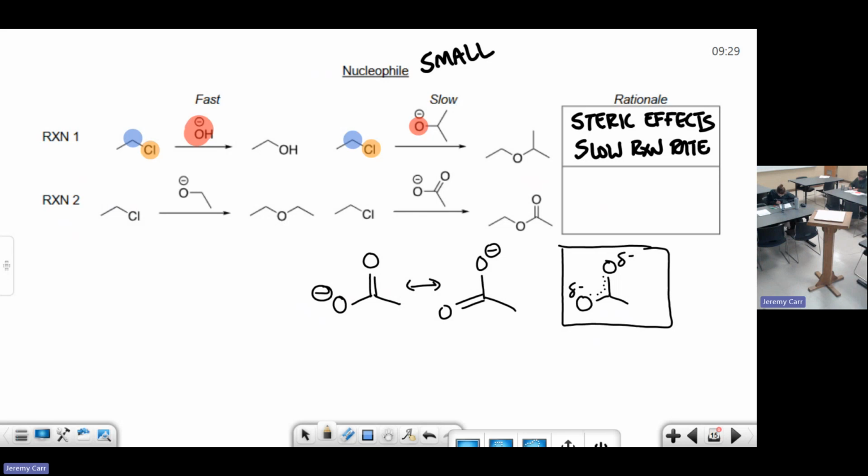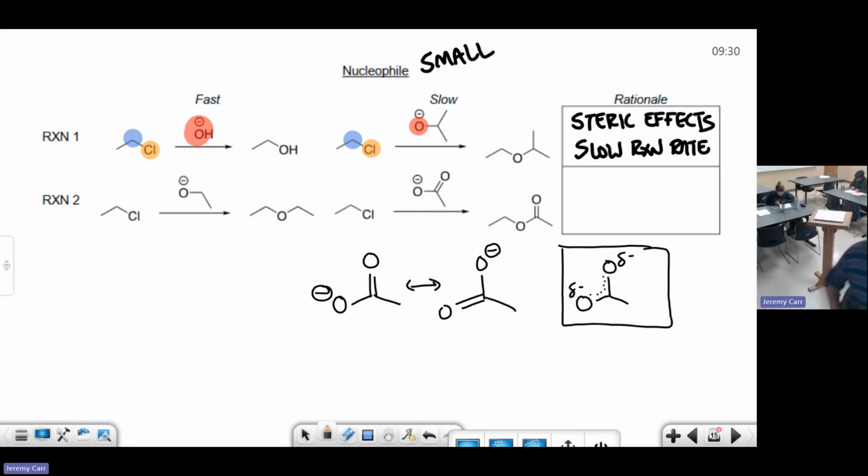Resonance is a stabilizing effect. If you can take that negative charge and you can spread it out over multiple atoms, you're effectively stabilizing that molecule. Now, why is that so important? If I stabilize the molecule, what's happening to the reactivity? If I stabilize the molecule through resonance, what's happening to the reactivity?